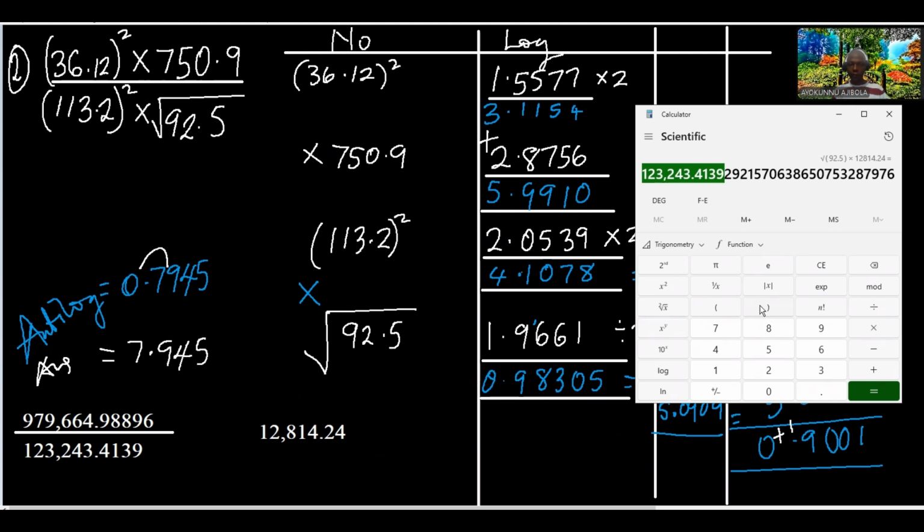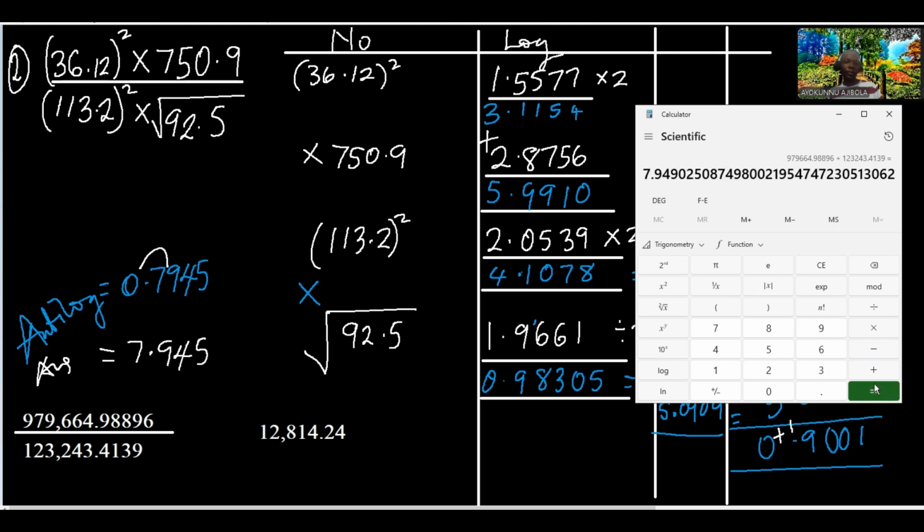So I'm going to divide between these two now. I have 97896.98896 divided by 123,243.4139.